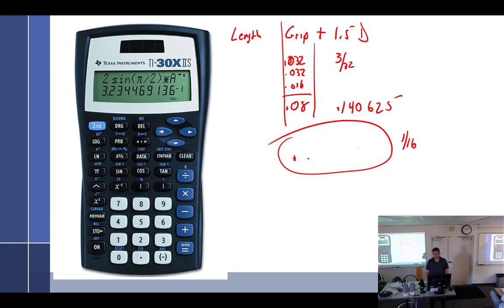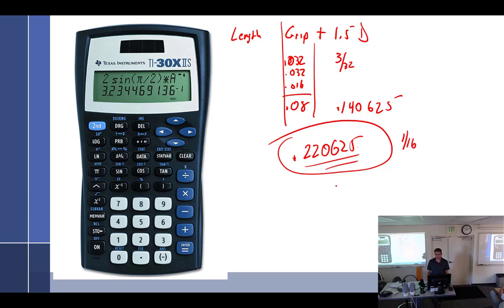So what's the answer? 0.220625. Did you get that? Okay. So what does that number mean? The rivet length. Rivets come in 16ths, so I have to actually order it by a part number.